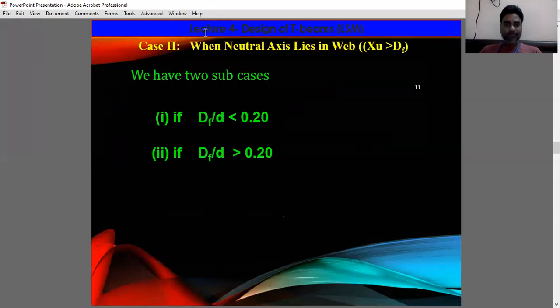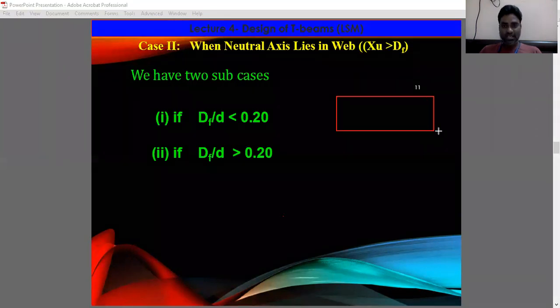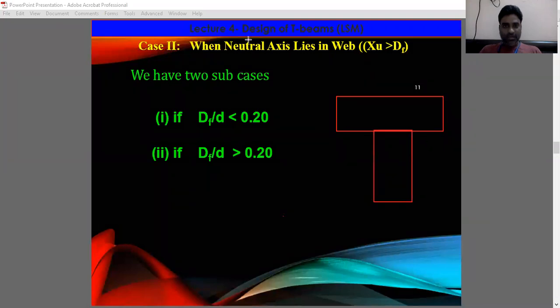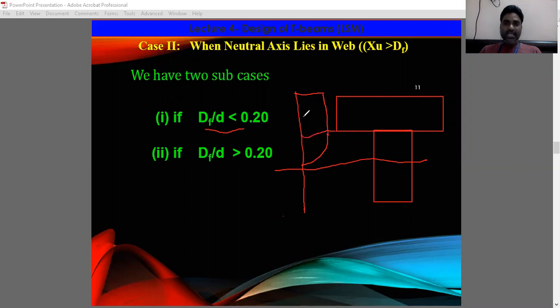If this is the flange, this is the web, so if you draw the stress distribution diagram, this is the neutral axis. That means up to this level, it is the rectangular portion.